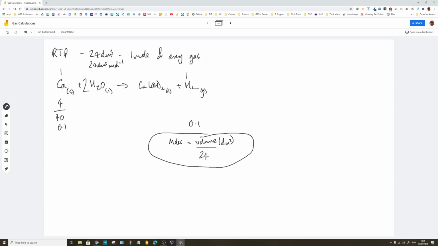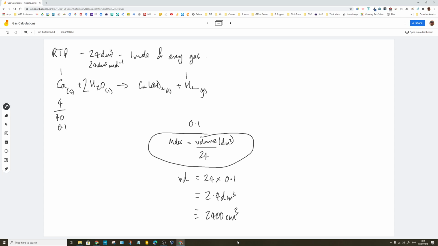So if we wanted to know the volume, all we'd do is 24 times the number of moles, which in this case is 0.1, and that would get us 2.4 decimeters cubed, which is equivalent to 2,400 centimeters cubed. Okay, or just under 2.5 litres. So that's the easy sort of calculation.